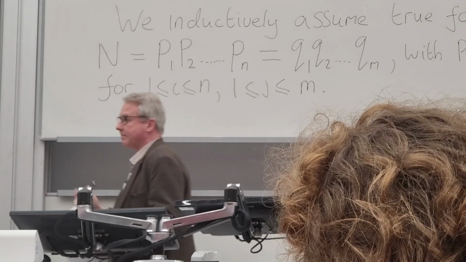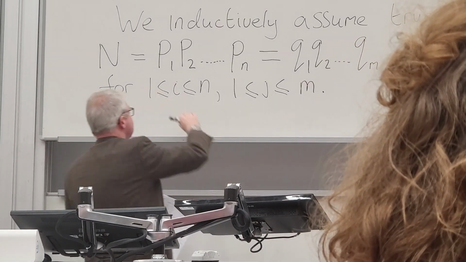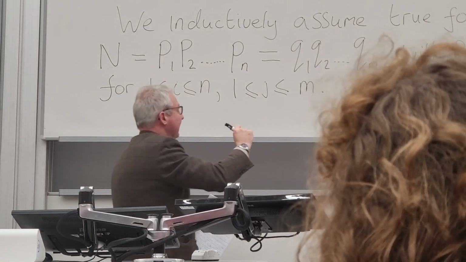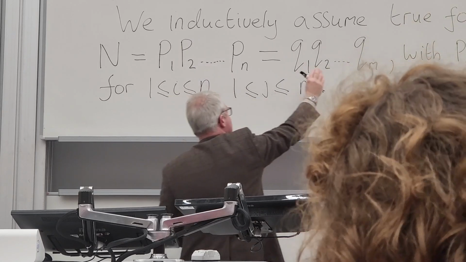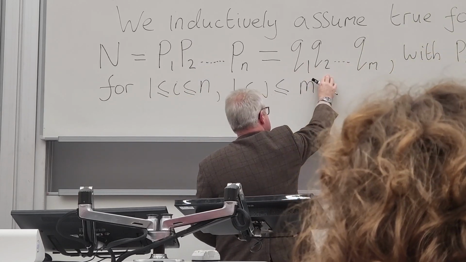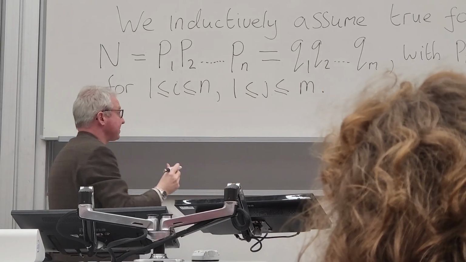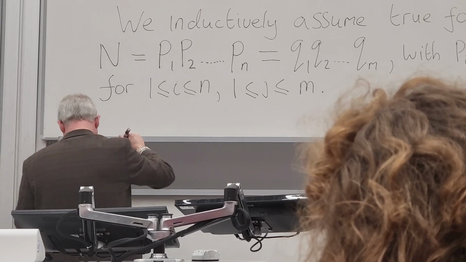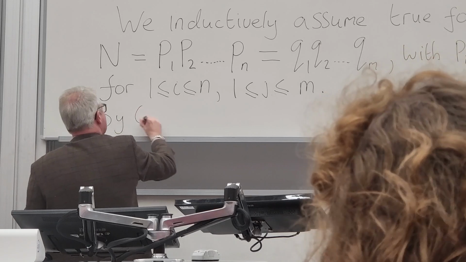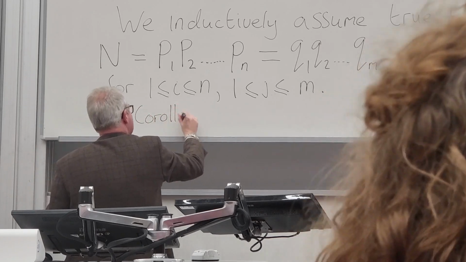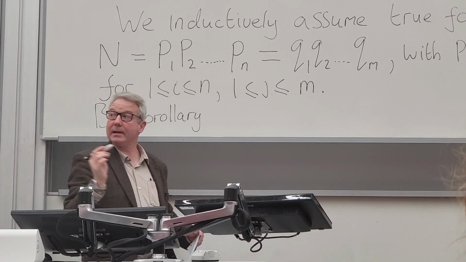Okay, so I put corollary 4.1 up for ease of reference. So let's take P1 and P1 must divide the right-hand side because Q1 to Qm over P1 is an integer, it's a product of integers. And because P1 is a prime number, it must divide one of the Q's, call it Qk.